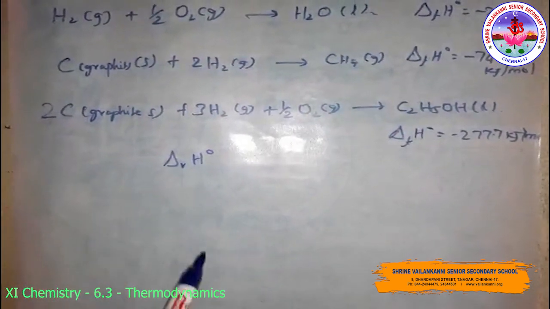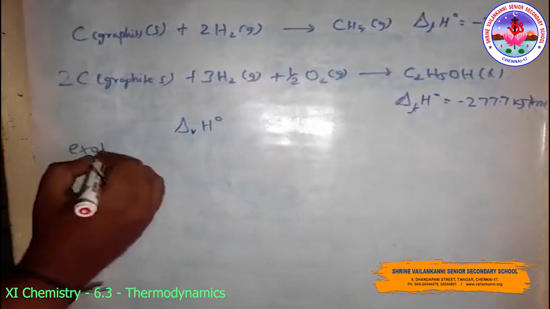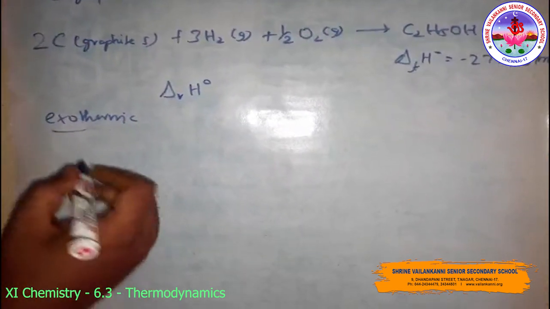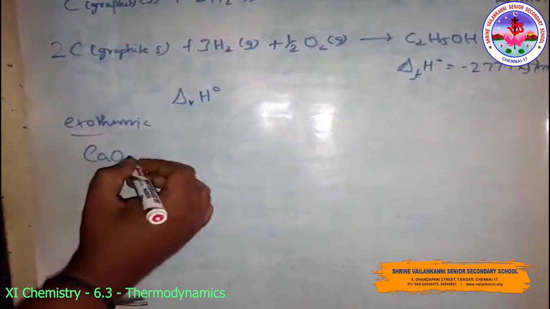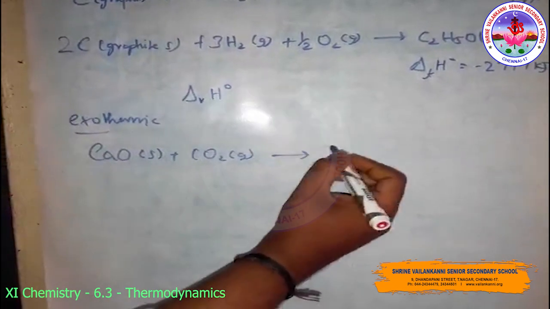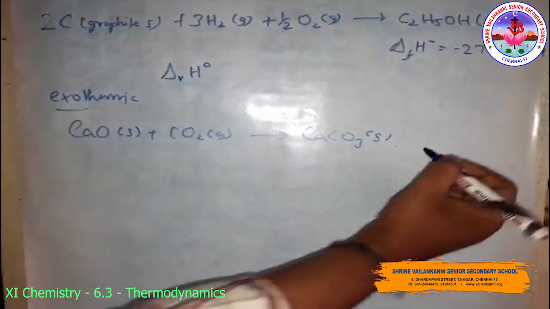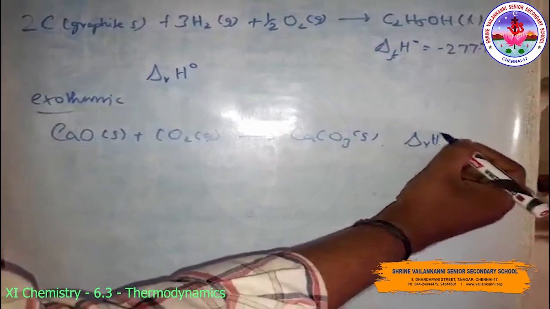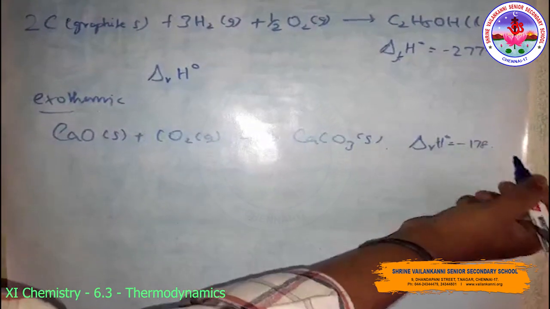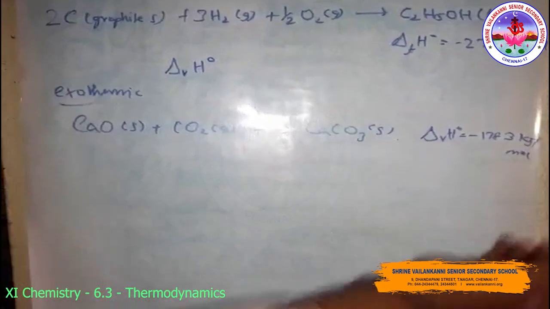In contrast, look at this, this is an exothermic reaction: calcium oxide solid reacts with carbon dioxide gas to form calcium carbonate solid. Here the standard reaction enthalpy is minus 178.3 kilojoule per mole.